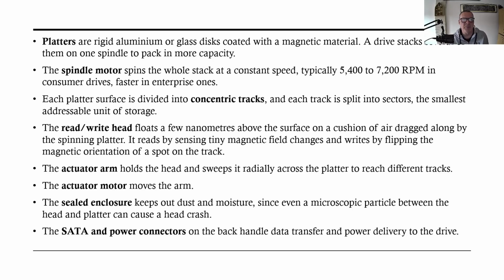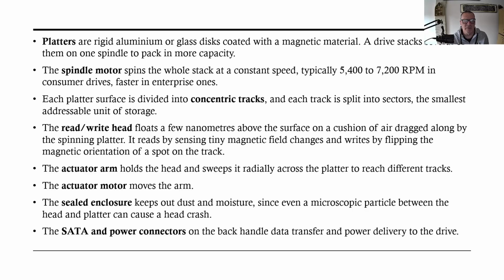Once it gets up to speed, it'll stay running at that speed, say 5,400 or 7,200 revolutions per minute, even faster in enterprise disks. So you divide the surface of each platter into concentric tracks, split that into sectors, and a sector is the smallest addressable unit of storage.